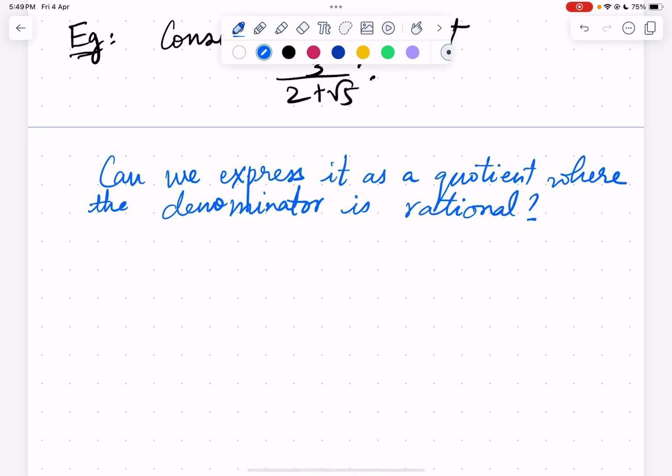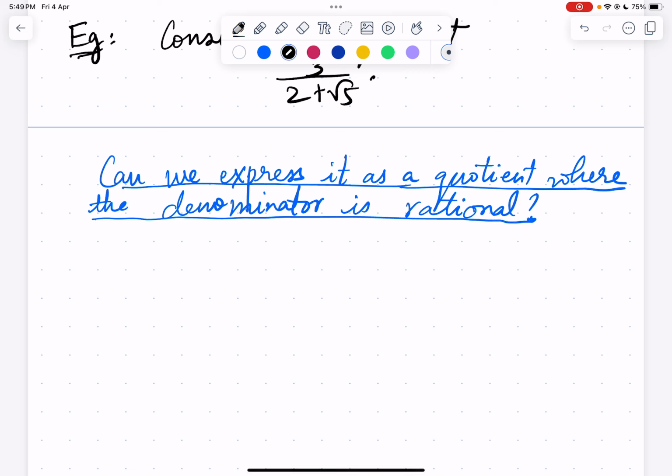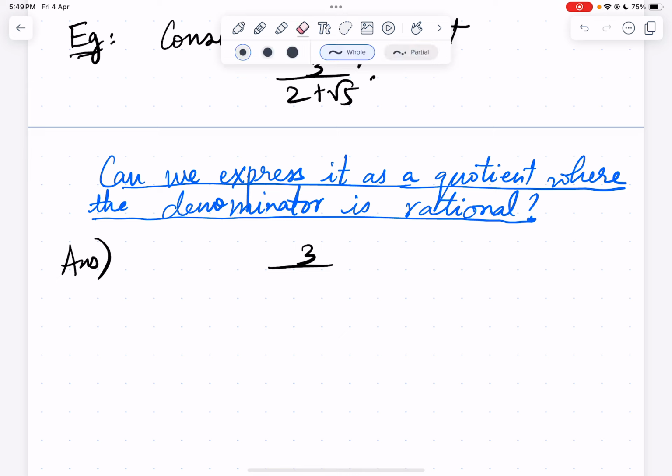We can use the same thing: a by b is am by bm when m is non-zero. We'll choose a suitable m which is convenient to us.